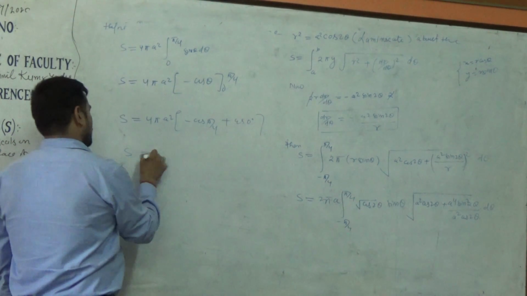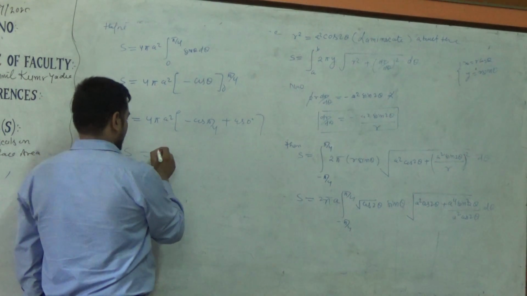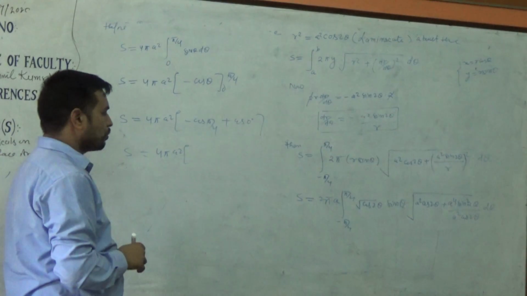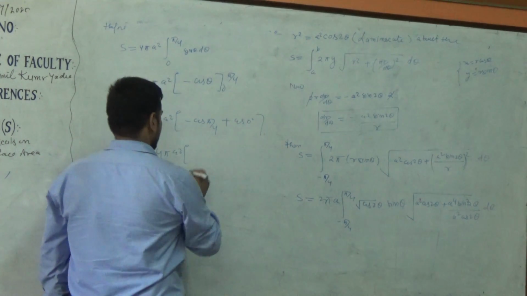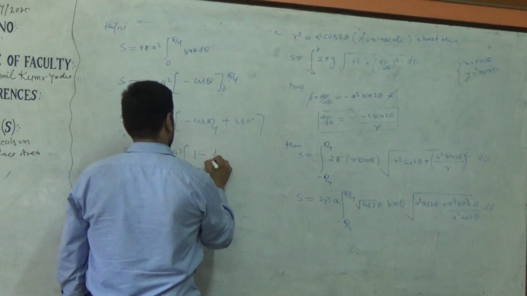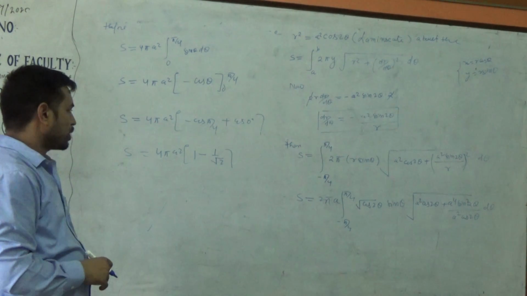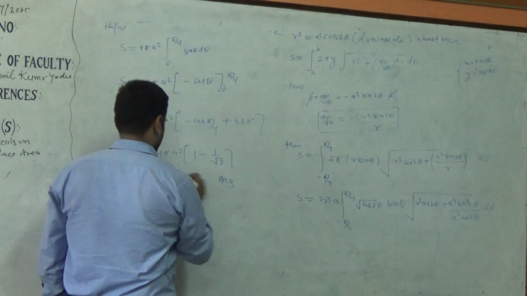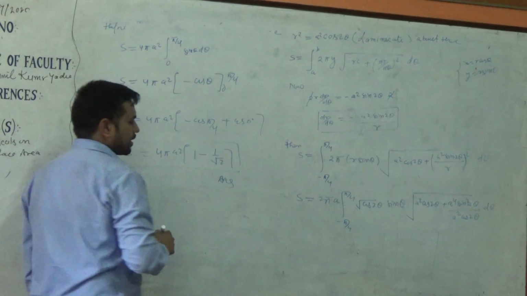The value of cos pi by 4 is 1 by root 2 and cos 0 is 1, so S equals 4 pi a square into 1 minus 1 by root 2. This is the required surface area of this curve.